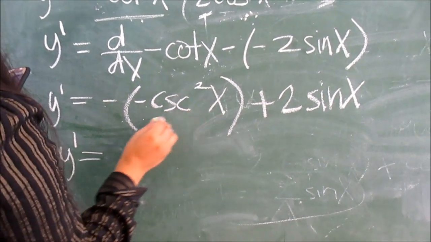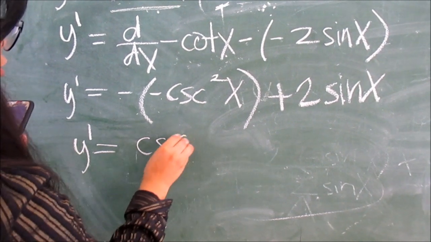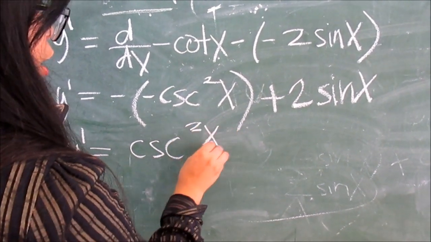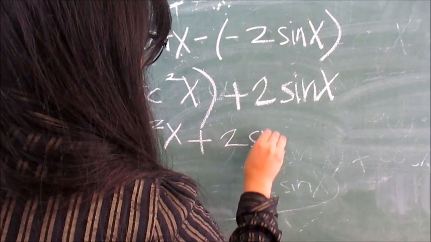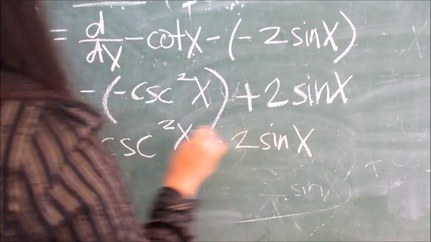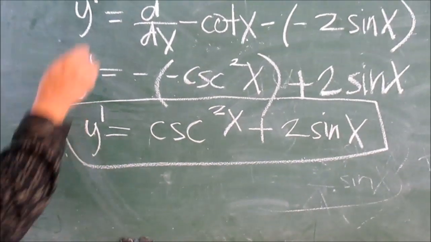So, di lang natin yung lalagyan. So, we have cosecant squared x plus 2 sine of x. At ito, ang nakuha sa derivative na ito.